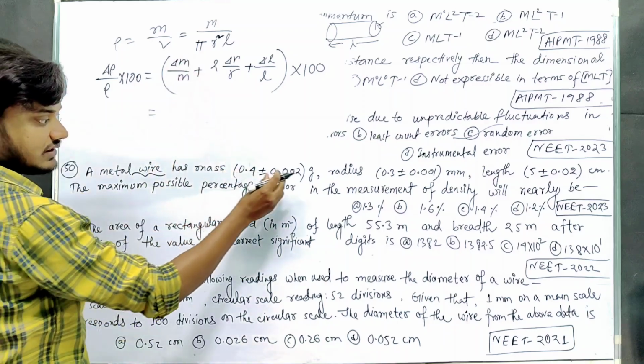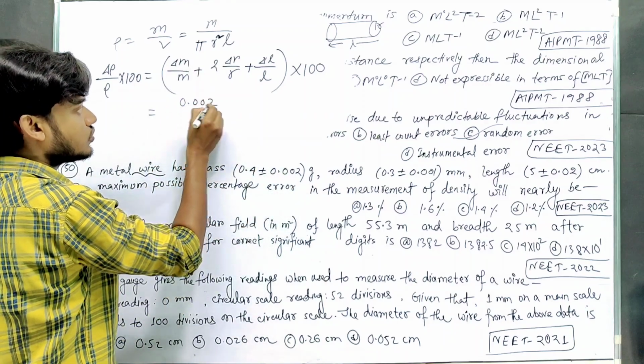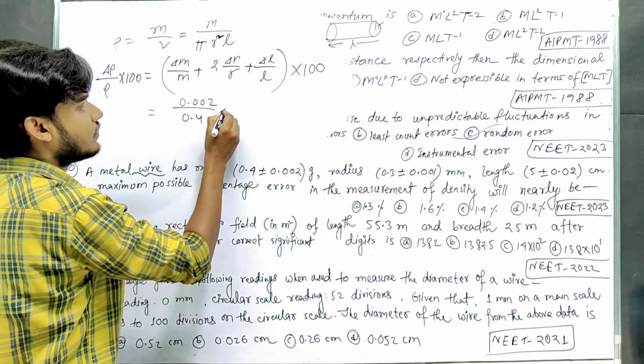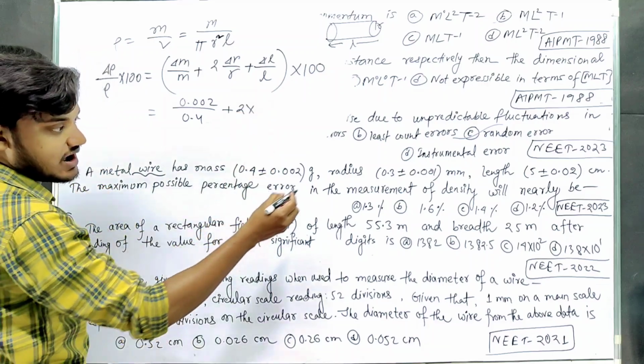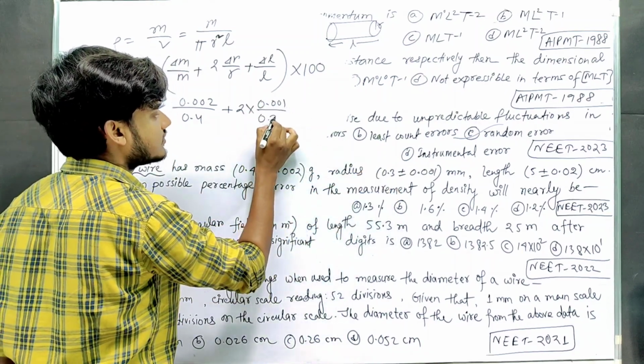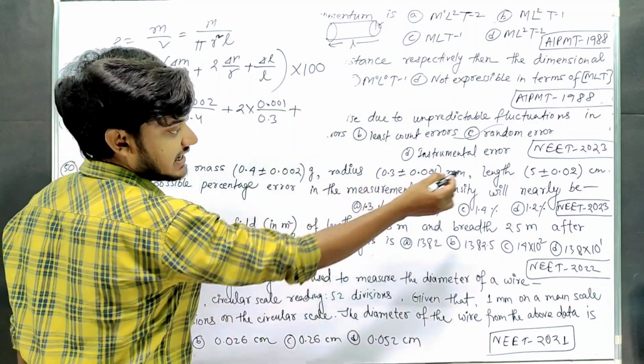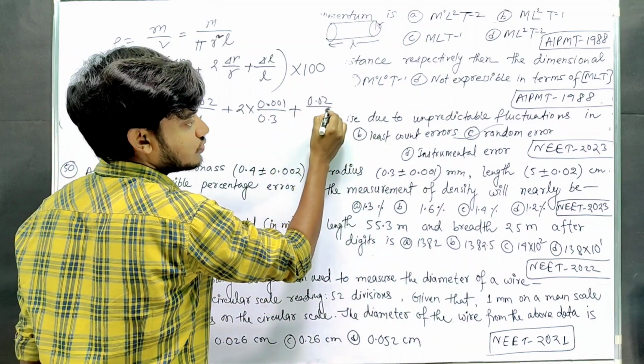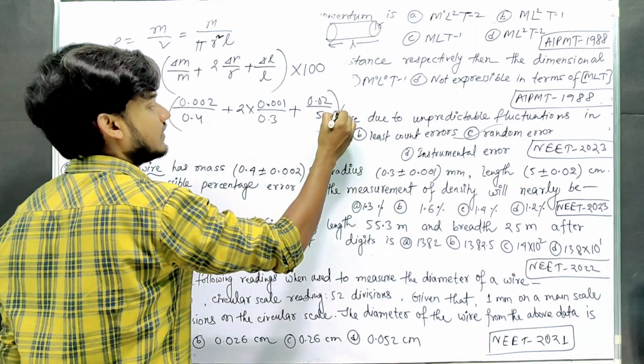Δm is 0.002 by m 0.4, plus 2 Δr, 0.001 by r 0.3, plus ΔL, 0.2 by 5, into 100.